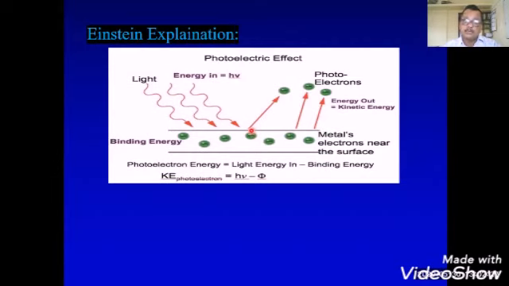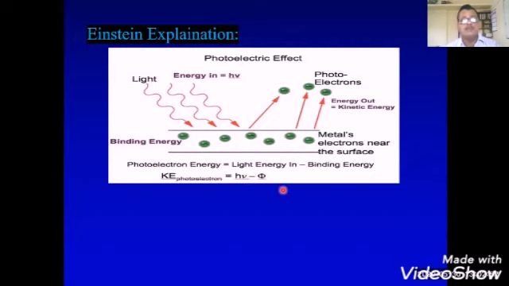The remaining energy out of h nu will be h nu minus phi. h nu was the total energy received by the electron. Phi was the energy spent by the electron to come to the metal surface. Then the energy left behind will be h nu minus phi, and it will be imparted as kinetic energy, and the electron will shoot from the metal surface with kinetic energy equal to h nu minus phi.